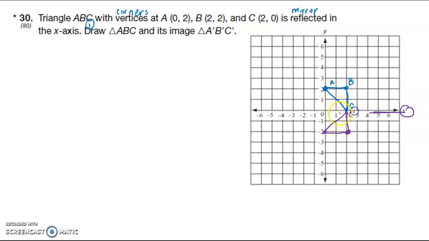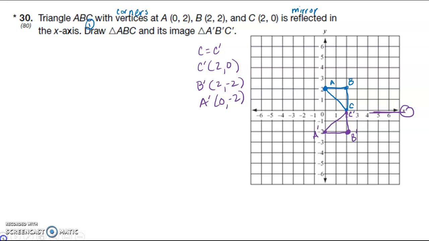But this is C prime, so C is equal to C prime. This is B prime, which is going to be 2, -2. And then A prime is going to be 0, -2.